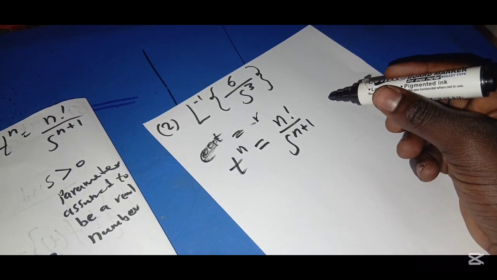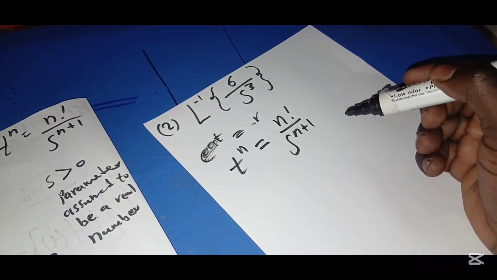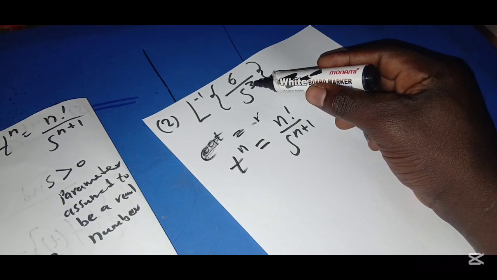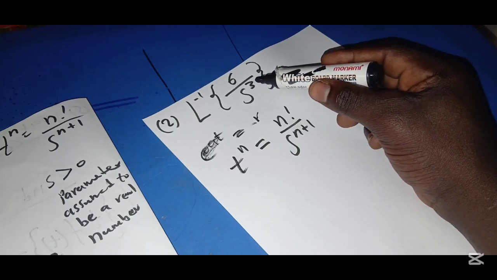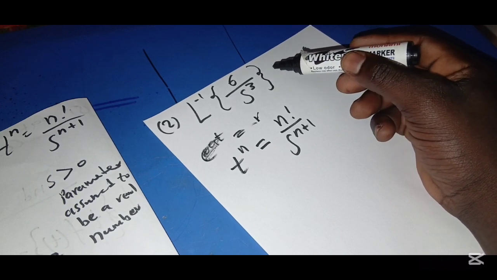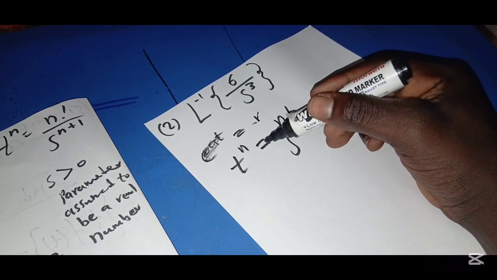Mostly you could see that the exponent of s here is 2 or more than 2. When it's more than 2, that is a big hint that it is the t to the power n function.